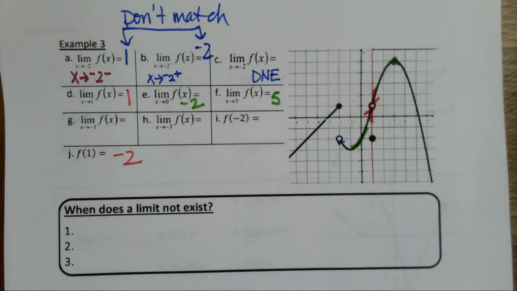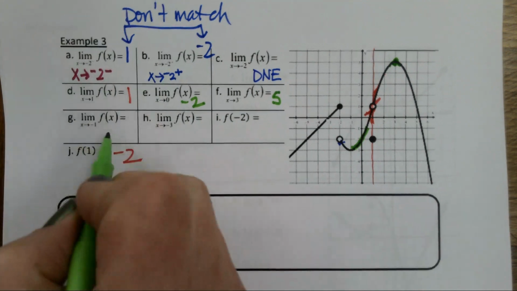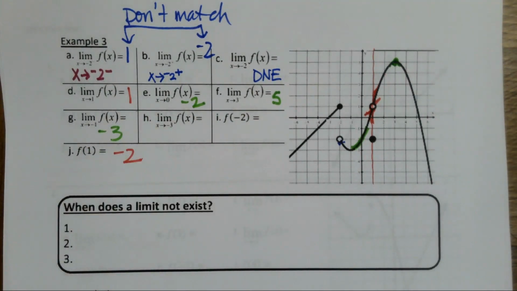Any issue? -3. The value and the limit are the same. It's a continuous piece of the function. No holes, no breaks, no jumps, no disturbances. It's on a solid part. How about -3? What did we say? 0, great.